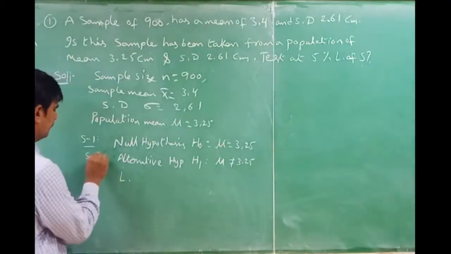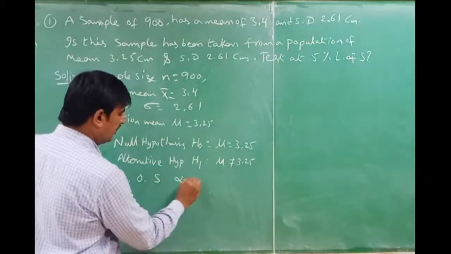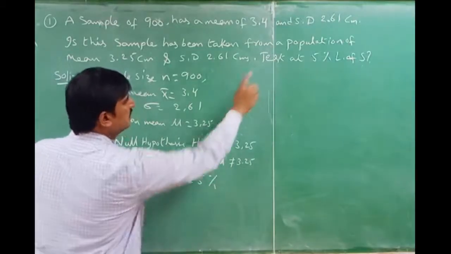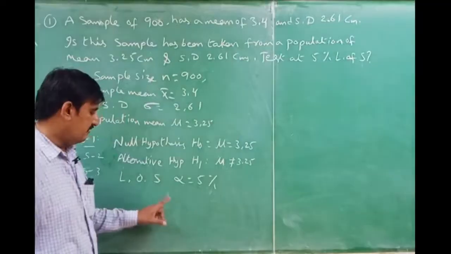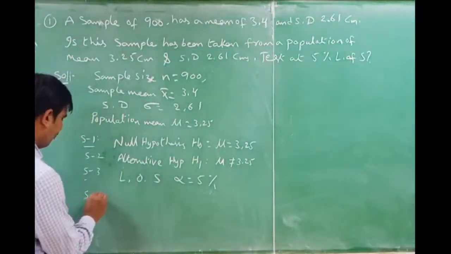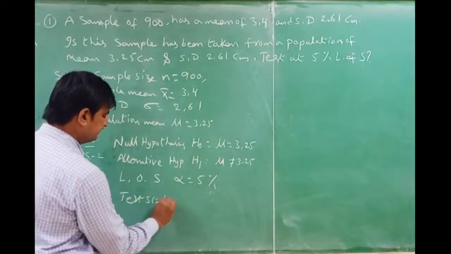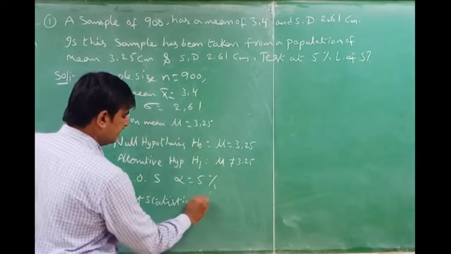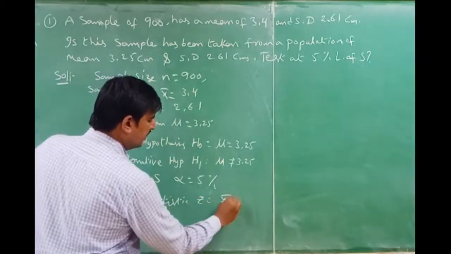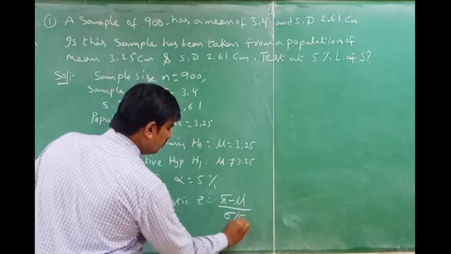This is step 2. Then step 3, level of significance alpha. He is asking to test at 5% level, so alpha is equal to 5%. Then step 4, test statistic. Z is equal to x bar minus mu by sigma by root n.